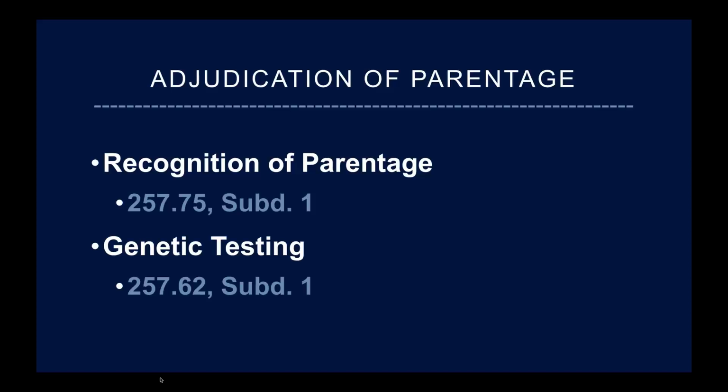Either, and this is the most common, the parents of a child will sign something called a recognition of parentage, where they're at the hospital, the baby is born, they sign a document that says that father is the father of this child, and it's notarized, and it is sent on to the state. The execution and filing of that document in and of itself is an adjudication of paternity. So there's no need for a further court order granting father recognition as father if that is on file, the ROP, R-O-P, the recognition of parentage with the state of Minnesota.